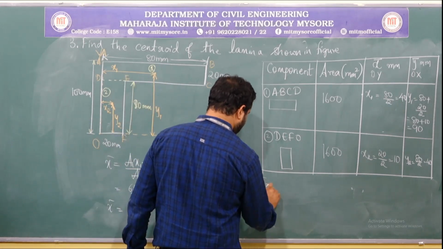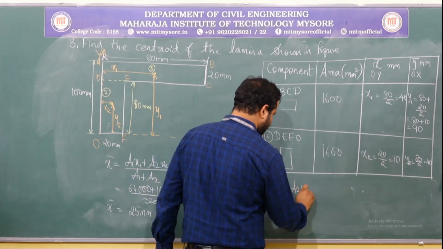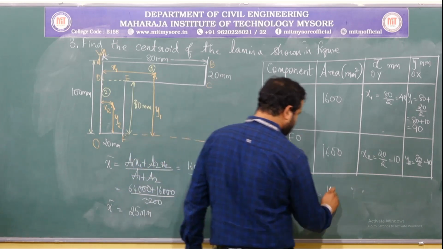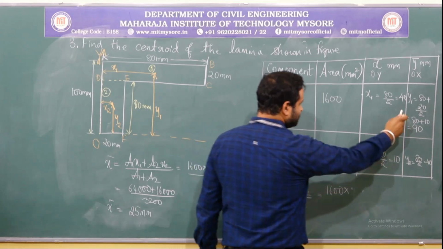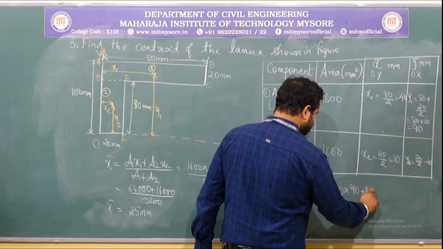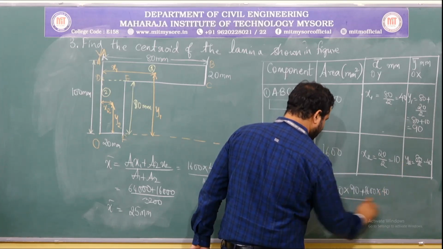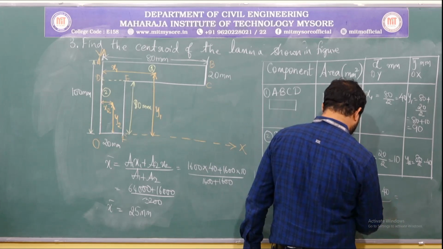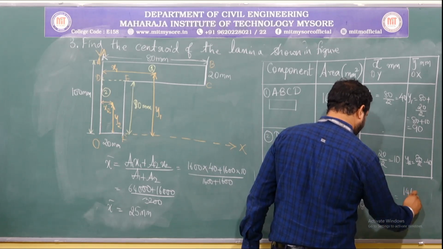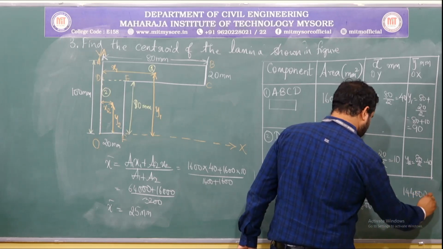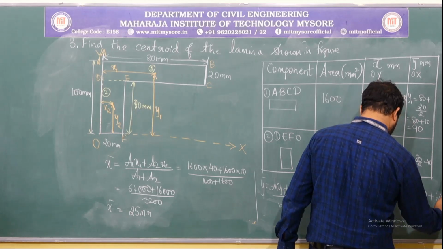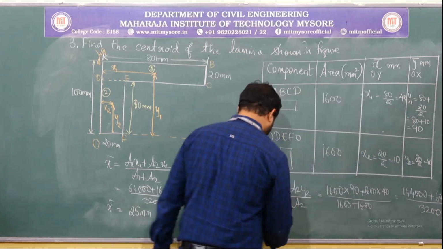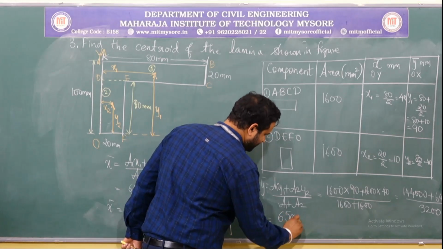Next, we shall calculate y bar, which is given by a1 y1 plus a2 y2 divided by a1 plus a2, which is equal to 1600 into y1 is 90 plus 1600 into y2 is 40 divided by 1600 plus 1600, which will be equal to 3200, which will be equal to 65 mm.